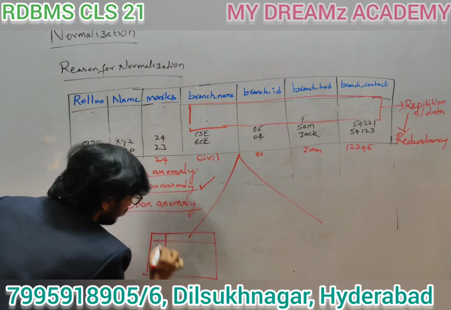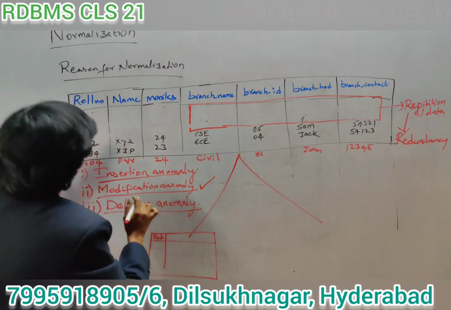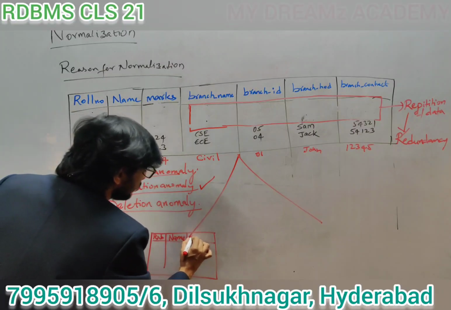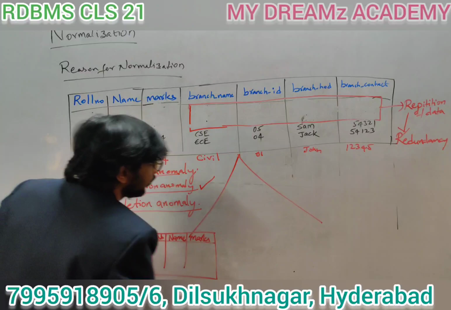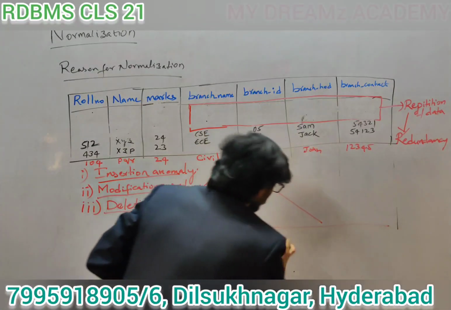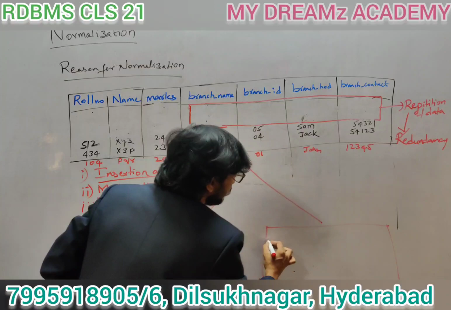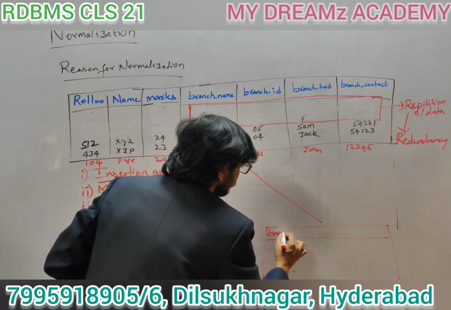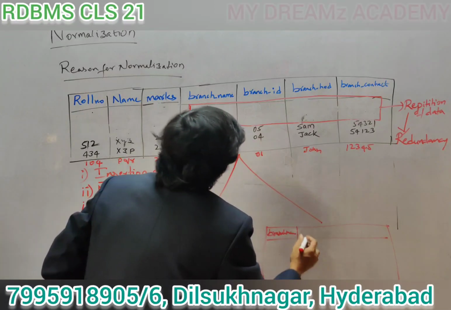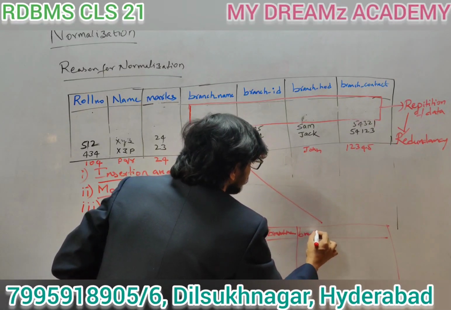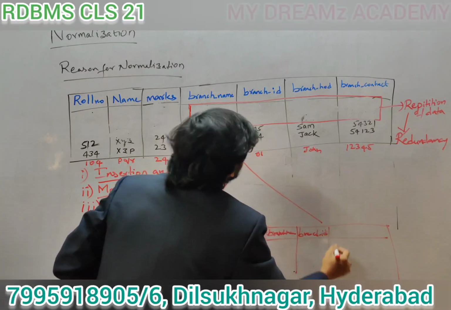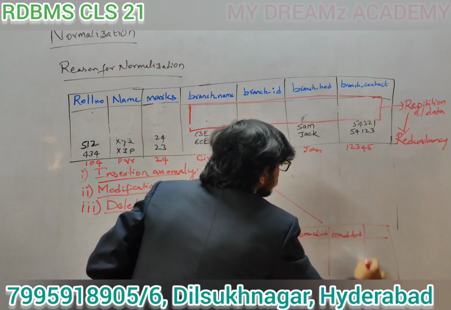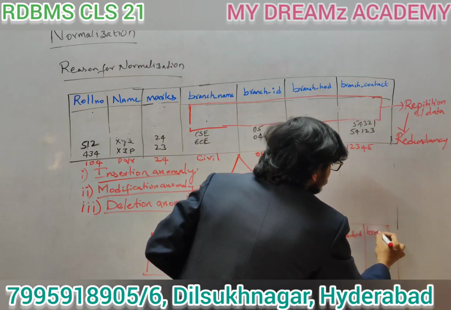So this is the roll number, name, marks. Okay, I have divided. Next here also the total: branch name, branch ID, branch HOD, branch contact.